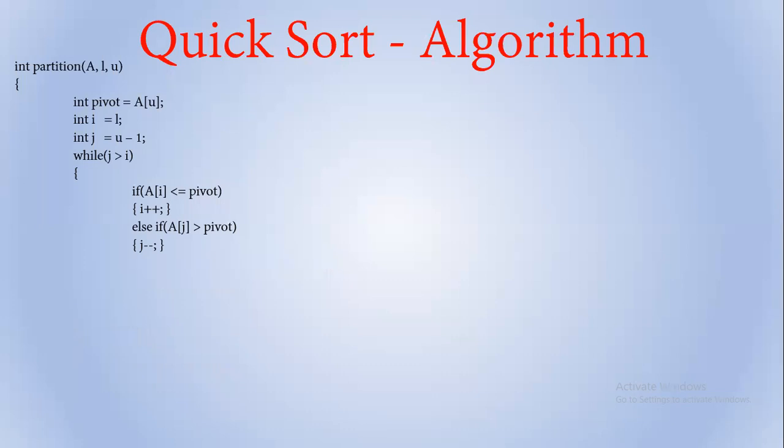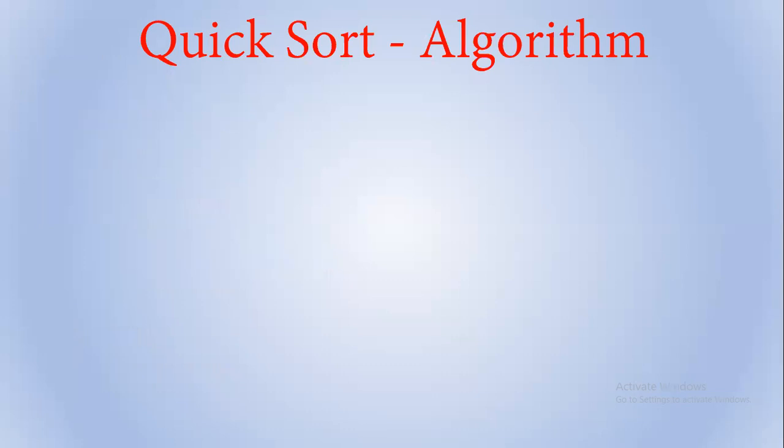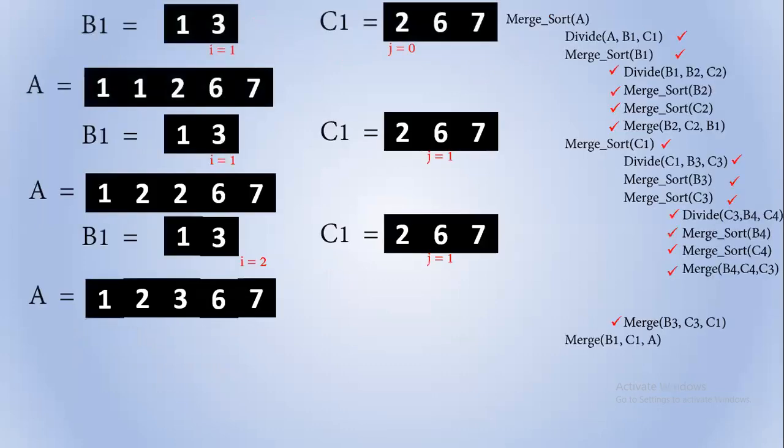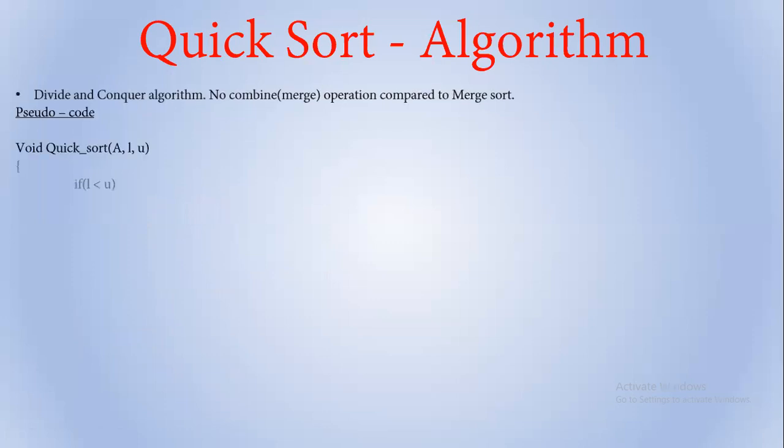As I told you in the previous operation, after partitioning this A, the one that you get to quick sort is not the same A that you get here.